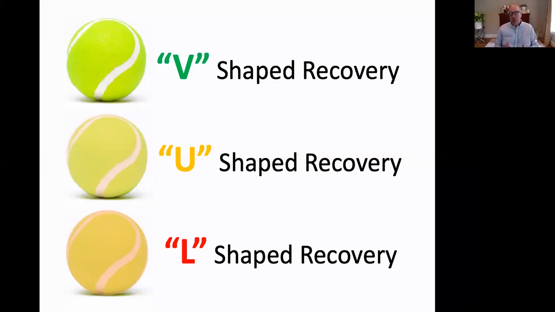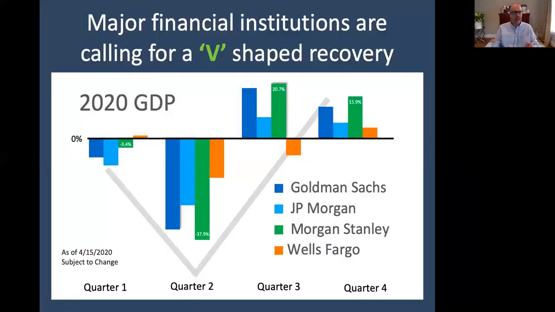So what we want to do in looking at this is say, what are major financial institutions calling for right now? In this graphic, we have Q1 through Q4 of this year and what the four major financial institutions are calling for, showing this V-shaped recovery.